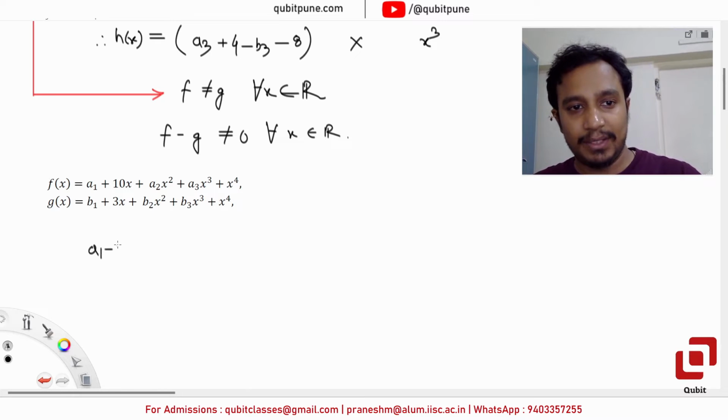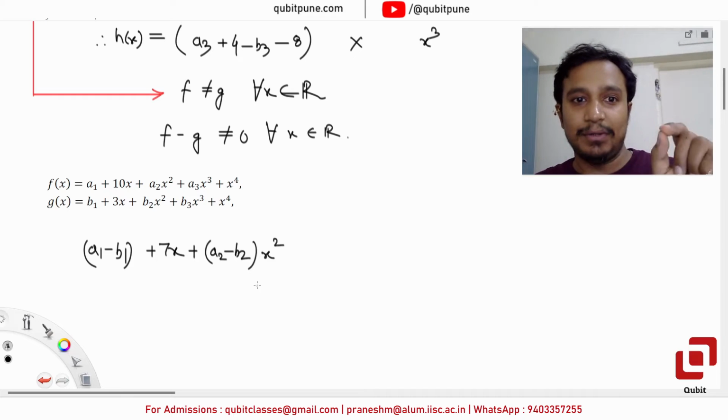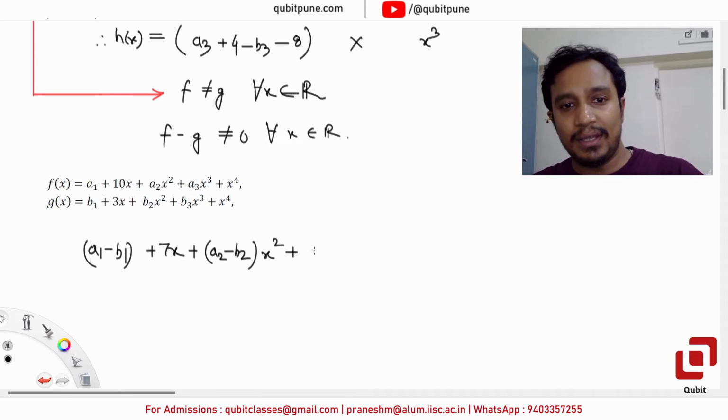I'll get a1 minus b1, I'll get 7x, I'll get a2 minus b2 x squared. और ये जो आगे वाला पार्ट है ना, ये सबसे इम्पोर्टेंट. ये है a3 minus b3 into x cube और x raised to 4 में 0 है.